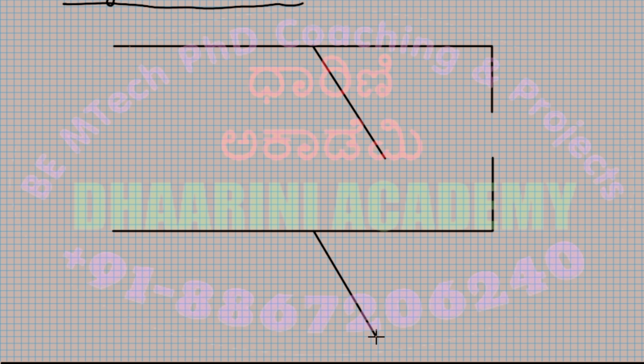So let's assume that this is the stub which we are talking about, and I'll show this as a short circuit.